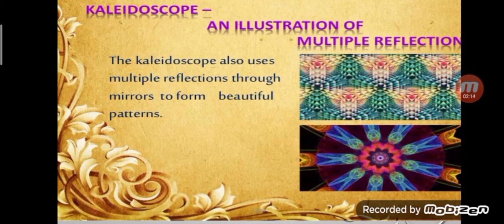Multiple reflection of light by mirrors is used in many optical devices like periscope and kaleidoscope. Kaleidoscope is used by fabric designers to create beautiful patterns. Many optical illusions such as endless tunnel and well of infinite depth can be created using multiple reflection.